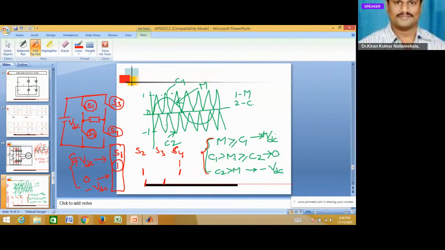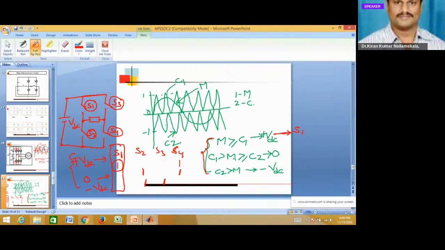So whatever pulse I am getting here is directly given to S1.